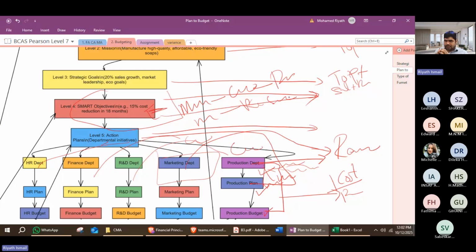Beyond that, the head office manages all the branches, sets goals and objectives. The general manager at the head office accumulates all the budgets. The branch manager accumulates the budget from the cost center and revenue center.